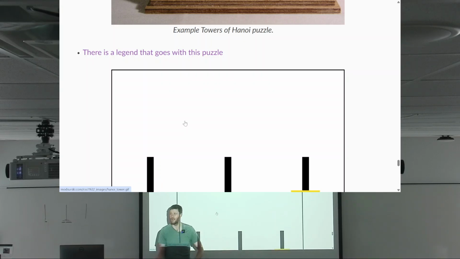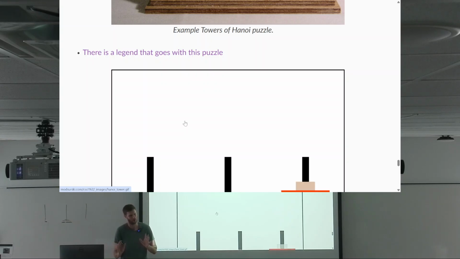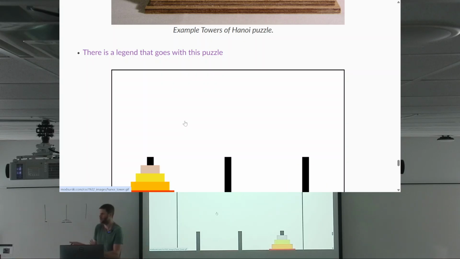But the rules are they can only move one at a time. They're very fragile, and you have to be very respectful towards these discs. So you can never place a bigger disc on top of a smaller one. And the discs must remain in one of the 3 holy spots, as long as it's not the one I'm carrying.